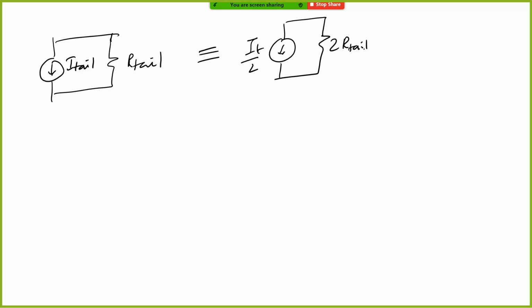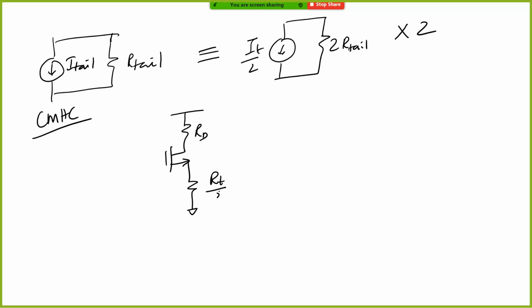When you attach 2 current sources in parallel, it becomes the sum of the 2 current sources, and put these 2 resistors in parallel, you get R tail. So it has to be 2 times R tail. So our common mode half circuit can be written as RD and our transistor with 2 times R tail, with of course I tail by 2.